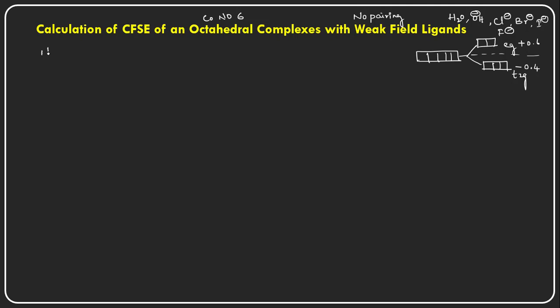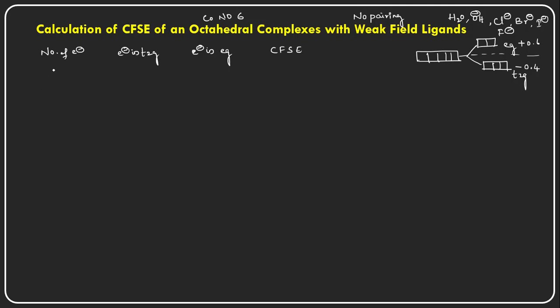So we need the number of electrons present in the d orbitals, the number of electrons present in the T2g orbitals, the number of electrons present in the Eg orbitals, and the crystal field stabilization energy, right?